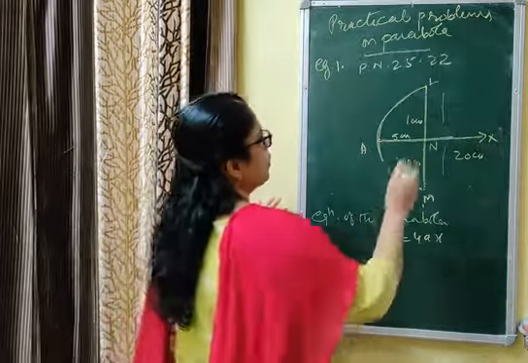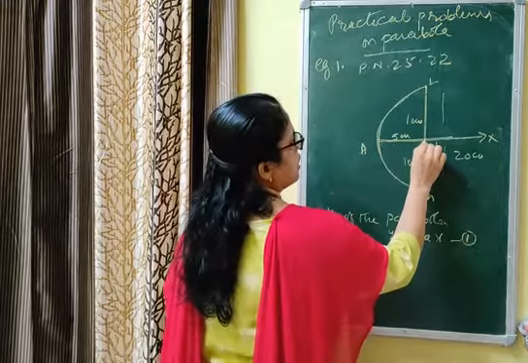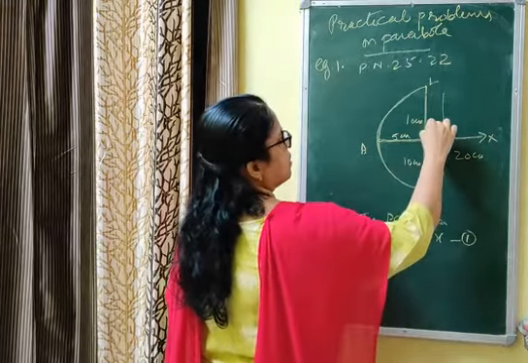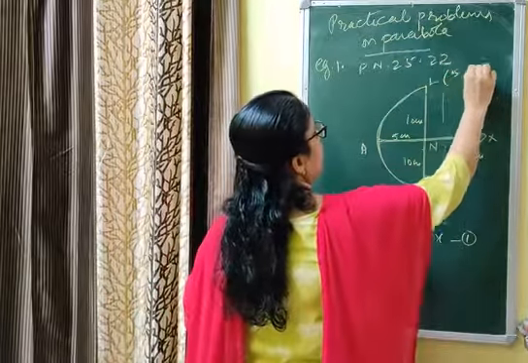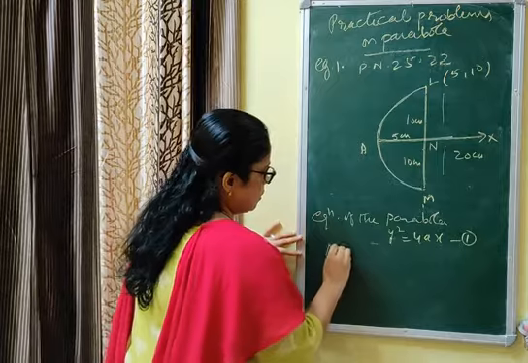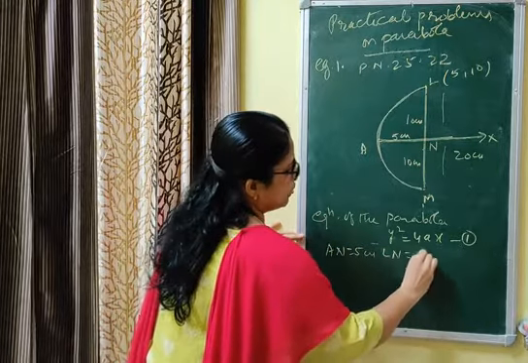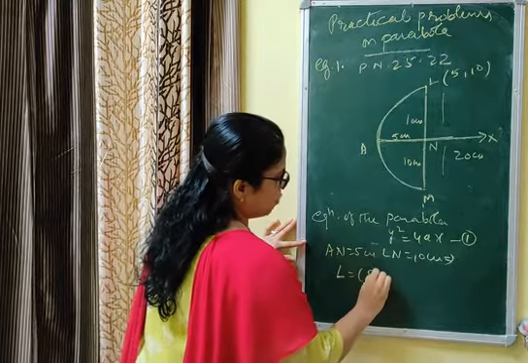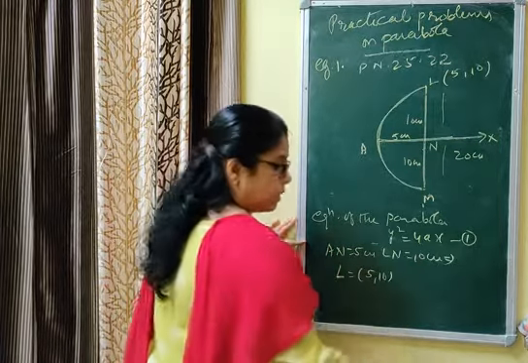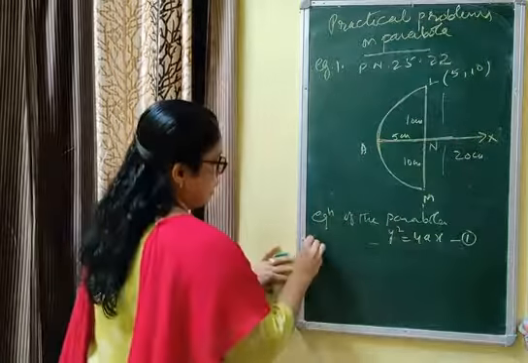Now we have to find a. This is x. Since this distance is 5 and this distance is 10, the coordinate of L is 5, 10. AN is equal to 5 centimeter and LN is equal to 10 centimeter, which implies the coordinate of L is 5, 10. Now 5, 10 is lying on the parabola, equation 1.